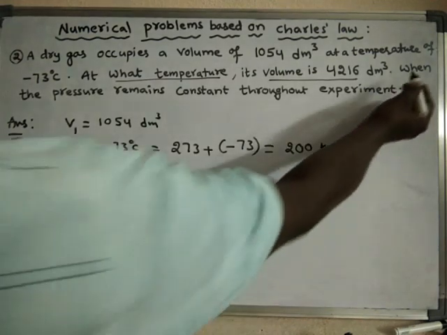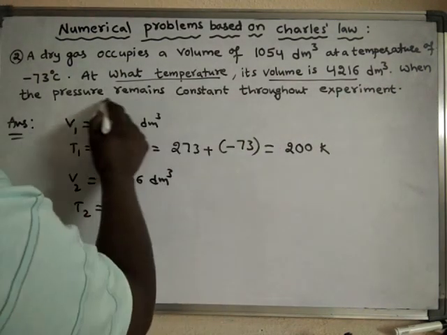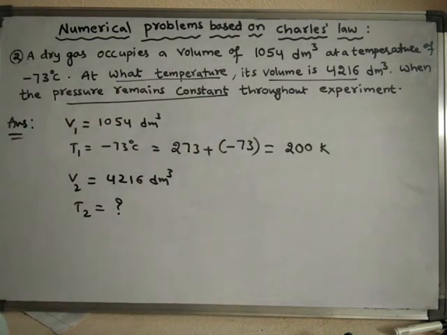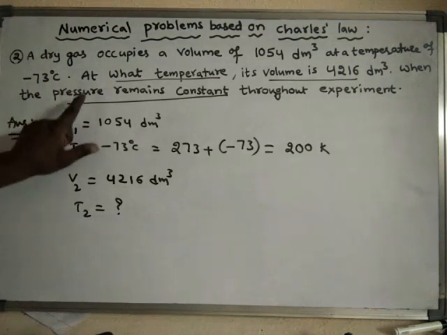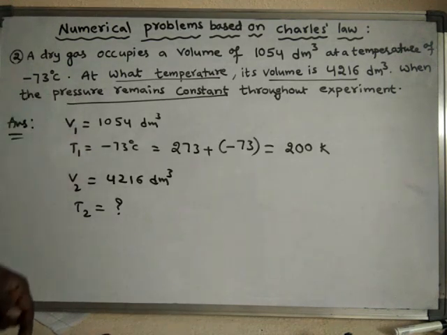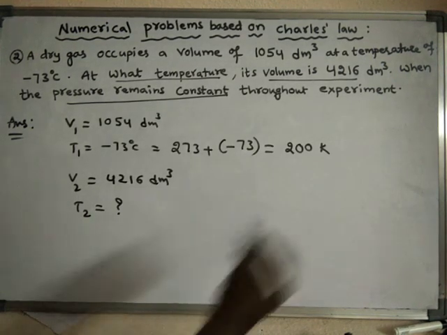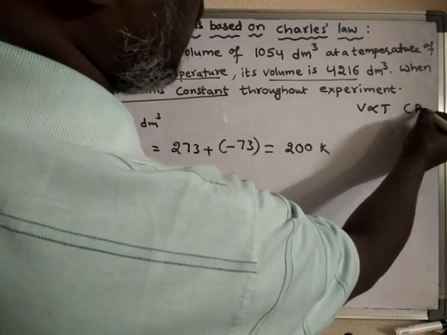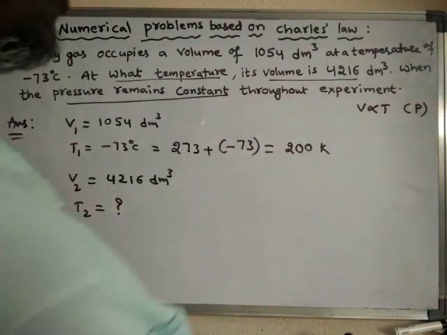When the pressure remains constant throughout the experiment, and volume and temperature are given, it is related to Charles' law. We already know that volume is directly proportional to temperature under constant pressure.